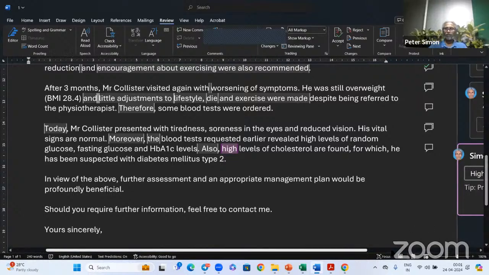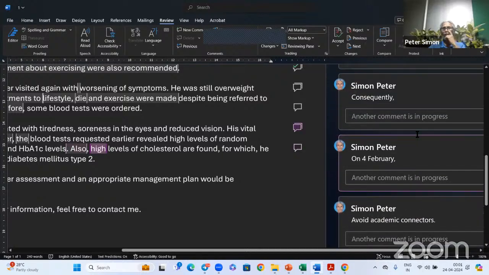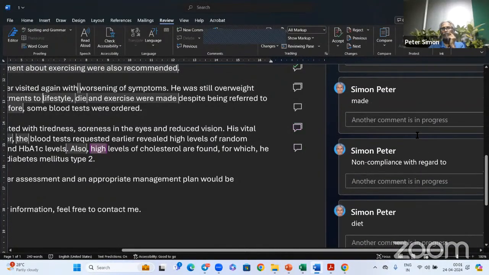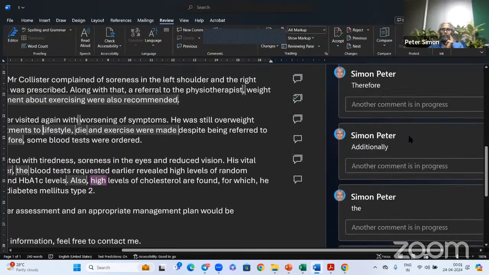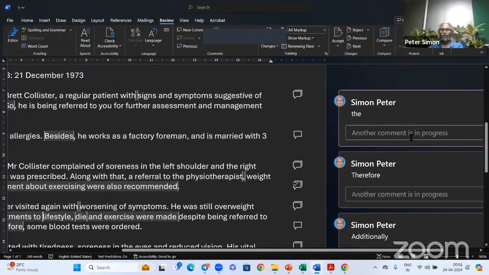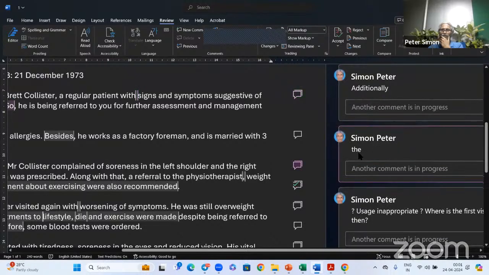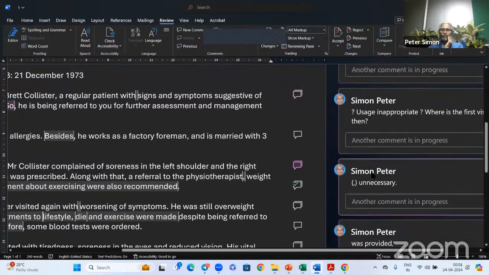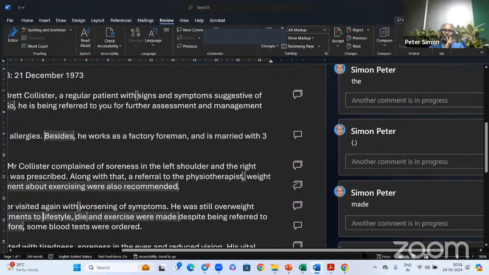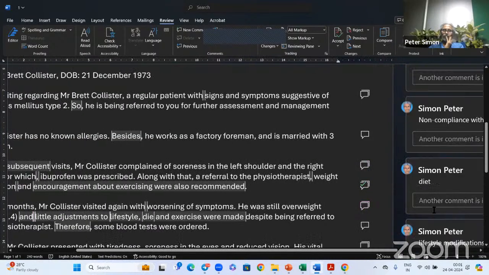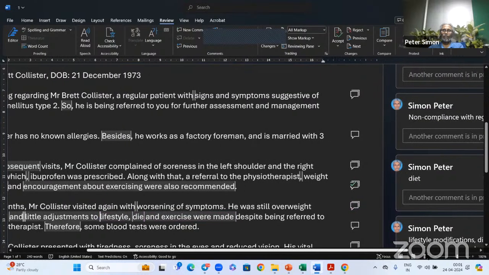did we write the word consequently anywhere? They are there for additional. So here we can use the word consequently.